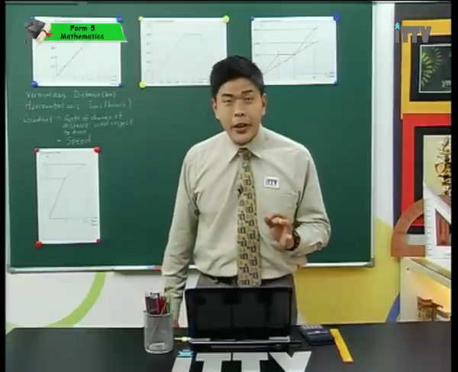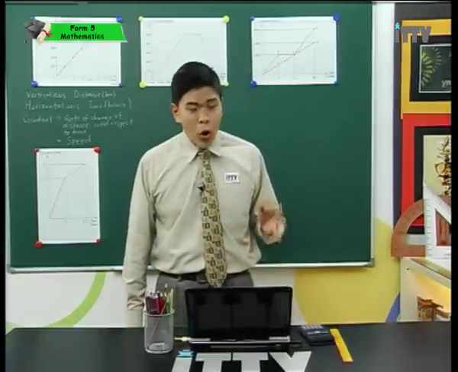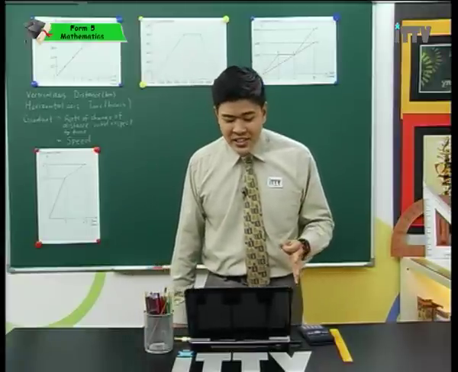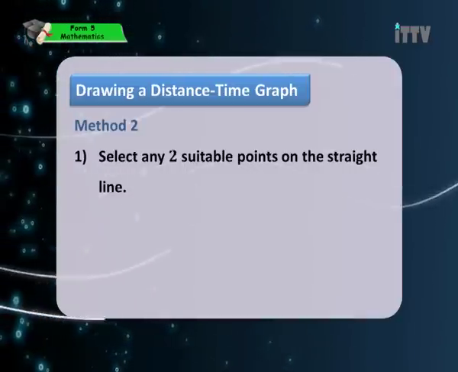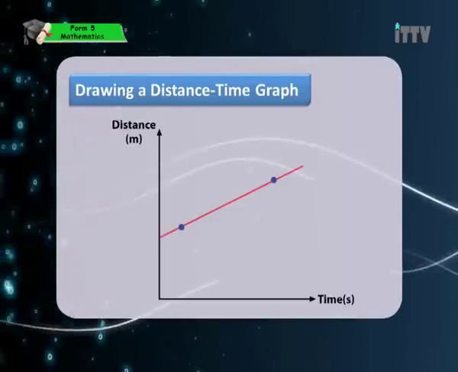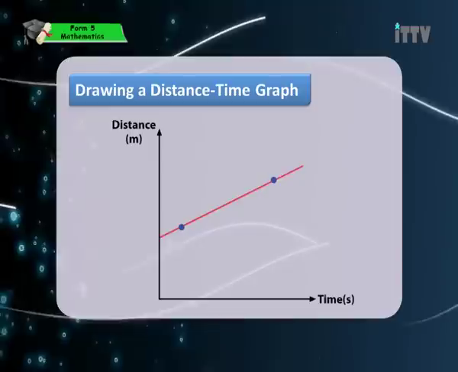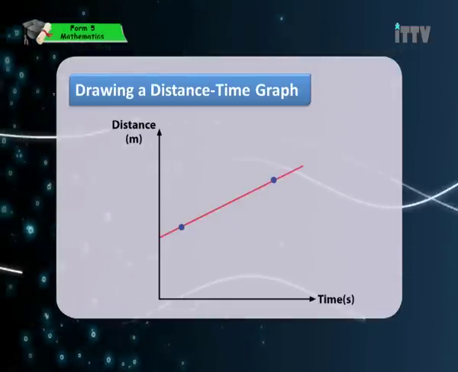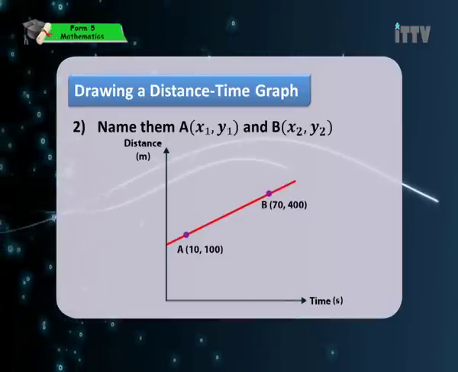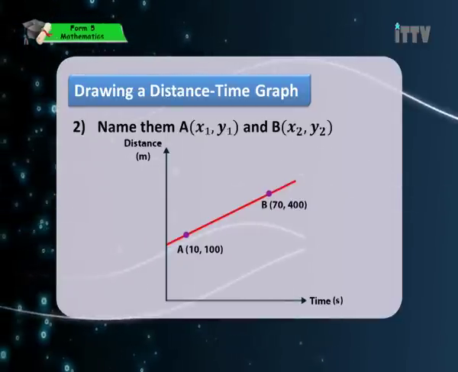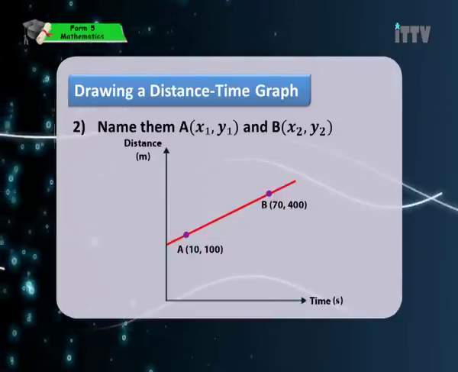Now, in method 2, to find the gradient, we follow these steps. Firstly, select any two suitable points on the straight line, the same first step as before. Second step, slightly different: name them A (x1, y1) and B (x2, y2).